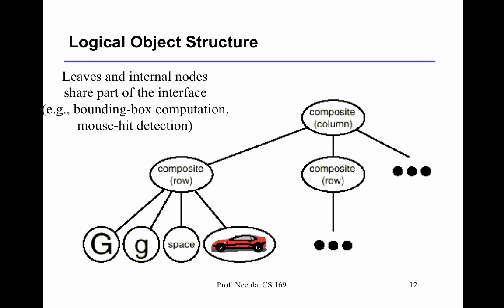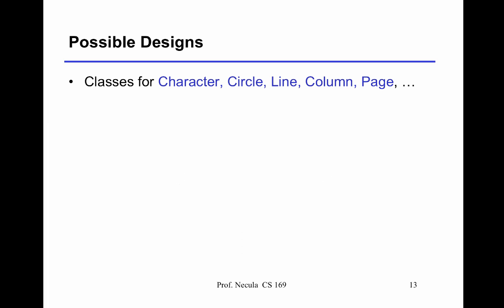And that might be useful when I'm deciding whether I'm clicking on you or not. Okay? And I want that for the car, and I want that for the line, and maybe for the page and all. Okay, so we're going to have multiple classes, but there's going to be some shared functionality. Shared functionality you can implement by the old and trusted method of copy and paste, always, or something else.